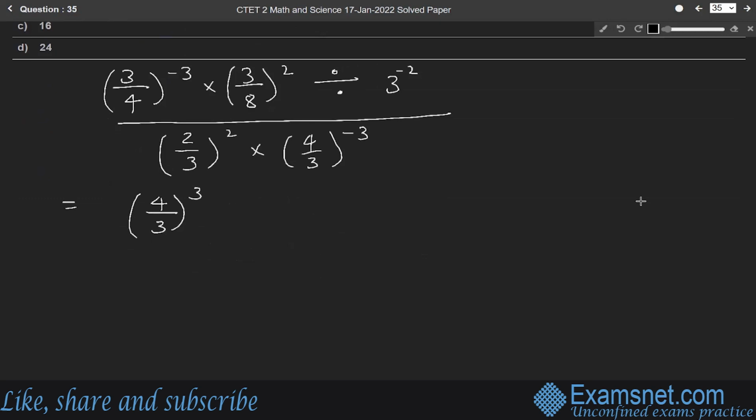Since it is (3/4)^(-3), it can be written as 1 by (3/4)^(+3), and this can be written as (4/3)^(+3).